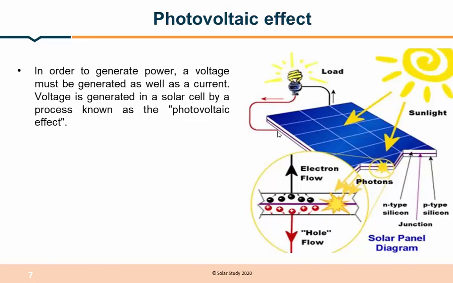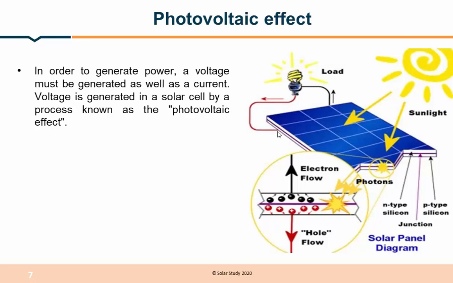Now we will see the photovoltaic effect. We have seen the solar radiation, incident photon, solar cell, and basic diode. So now we will go for the photovoltaic effect, how a solar panel will generate electricity. Generally I will call it a potential.